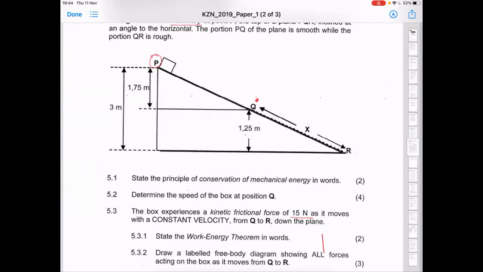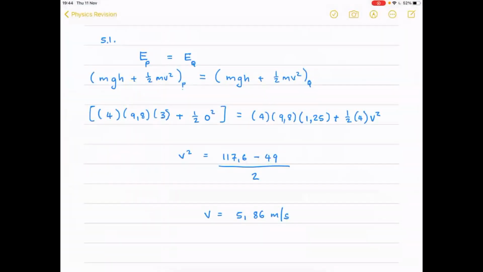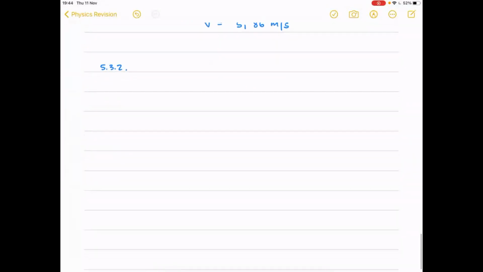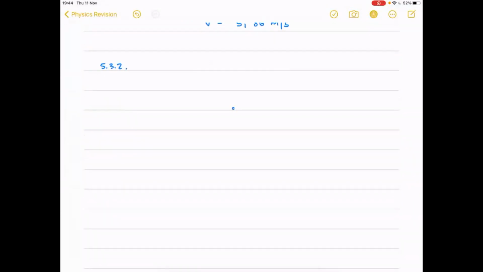Okay, so draw the free body diagram, 5.3.2. I'm going to draw that for the box. Then I'm going to draw the line that's always vertically down. You can call it the weight, or we call it mg.